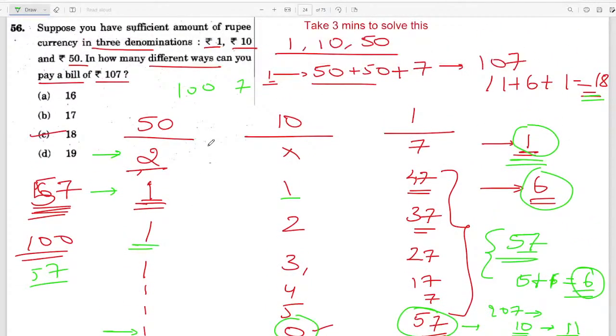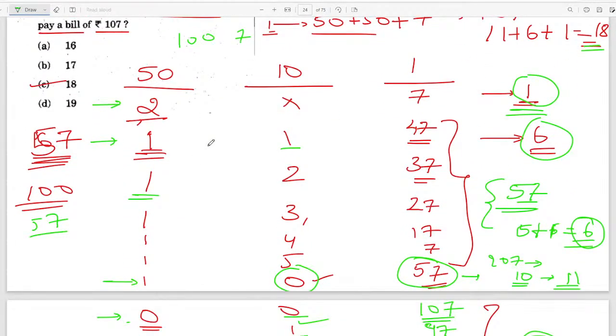The answer is option C. If you have any doubts, ask. On the permutation formula: see, what UPSC is doing is they don't want people to mug up formulas. They're asking questions where you have to use logic.